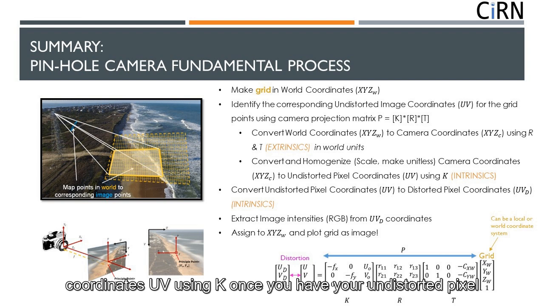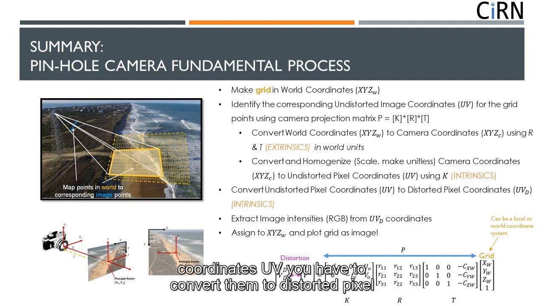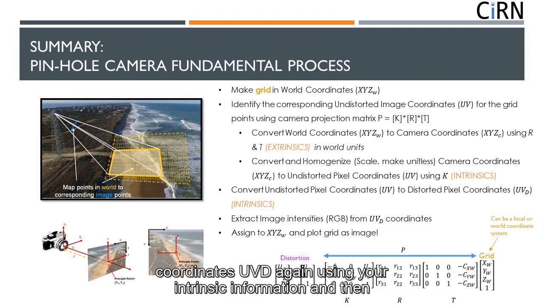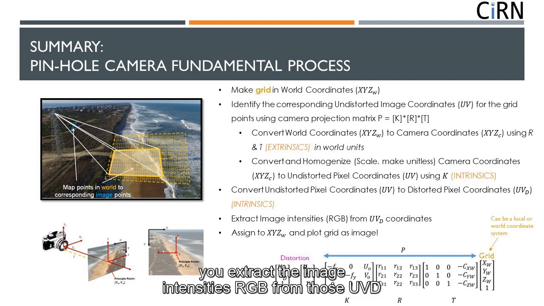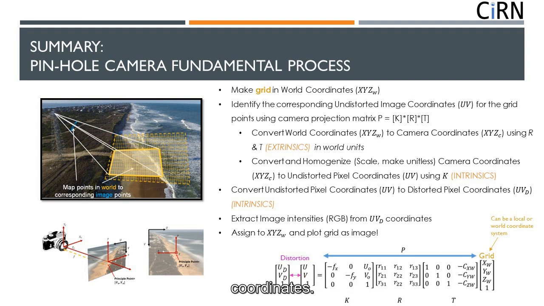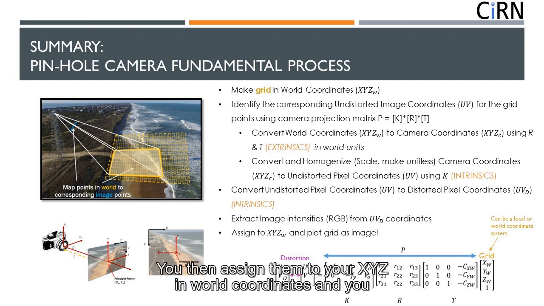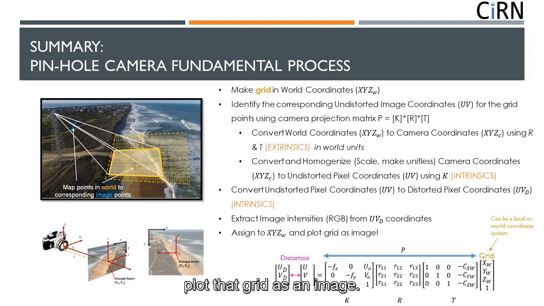Once you have your undistorted pixel coordinates, UV, you have to convert them to distorted pixel coordinates, UVD, again using your intrinsic information. And then you extract the image intensities, RGB, from those UVD coordinates. You then assign them to your XYZ in world coordinates, and you plot that grid as an image.